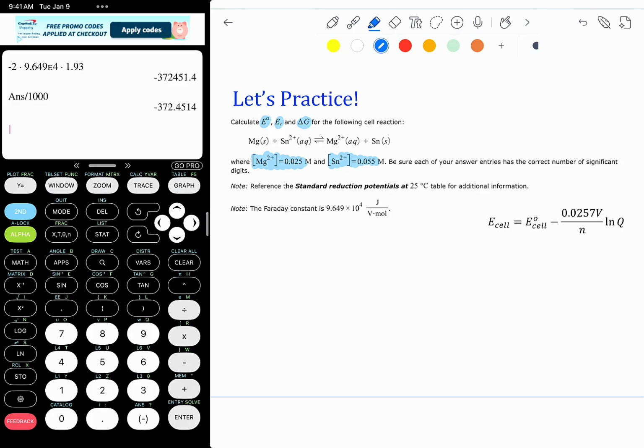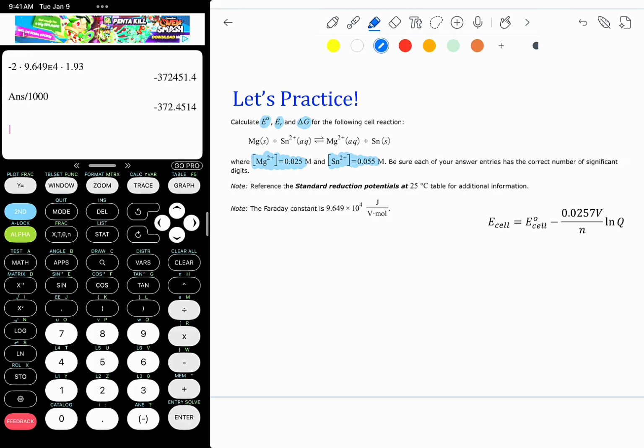So what I want you to do is take some time, pause the video for as long as you need. You're going to have to write out the half reactions, figure out what's your anode, what's your cathode. You may need to refer to your standard reduction potentials for these half reactions in order to get those values for your anode and your cathode.